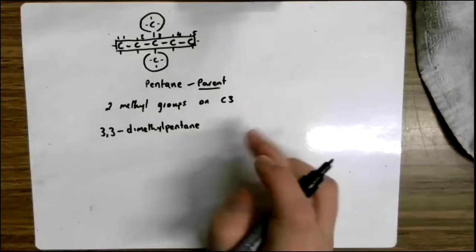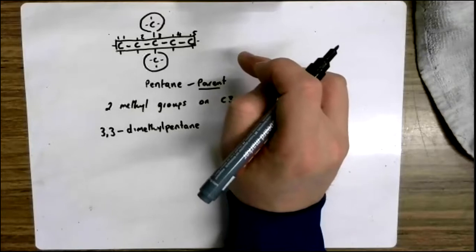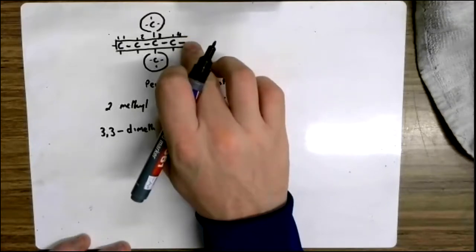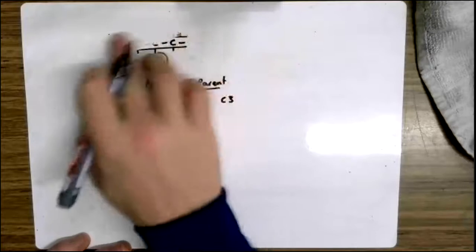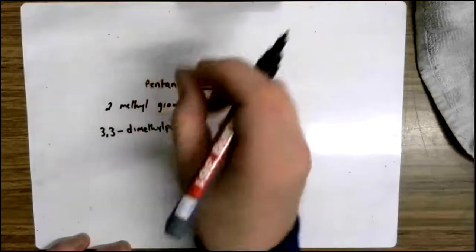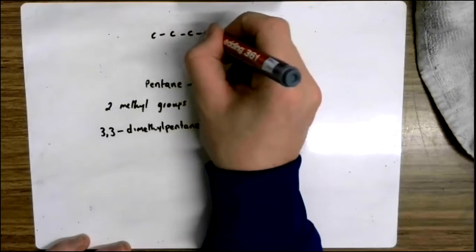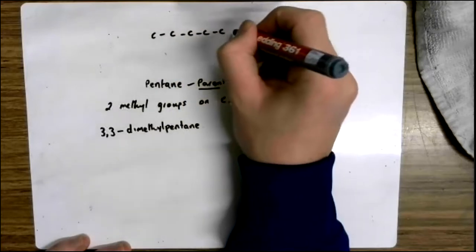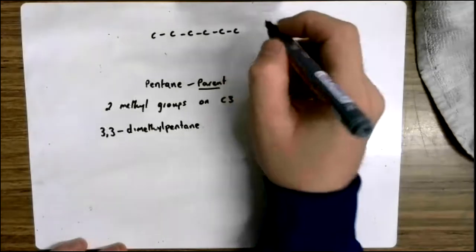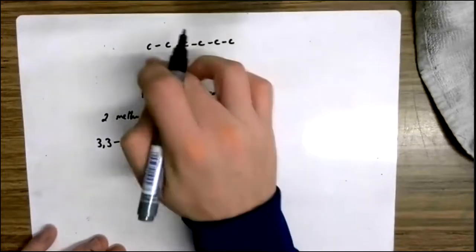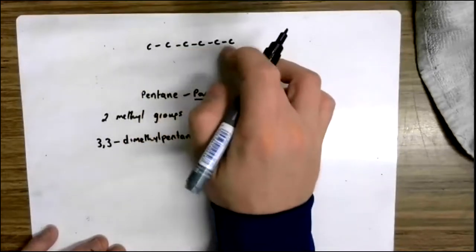I just want to show you, before I set you off to do them on your own, what would happen if we have 2 methyls on 1 carbon and 1 methyl on another carbon, something like that. 1, 2, 3, 4, 5, 6. Right.